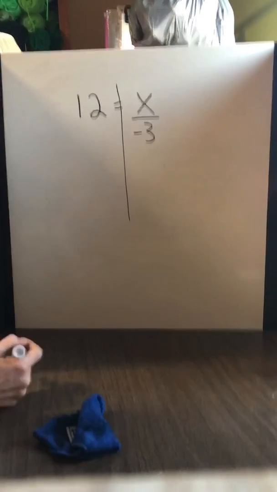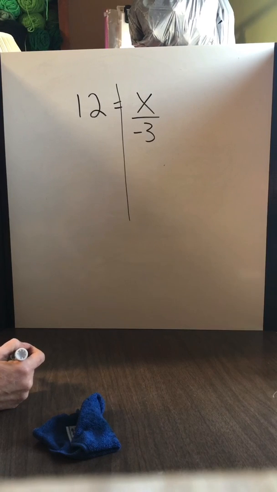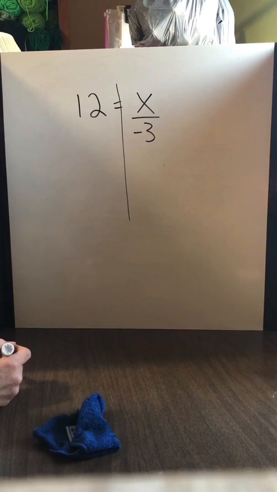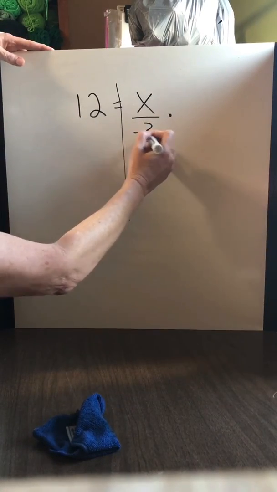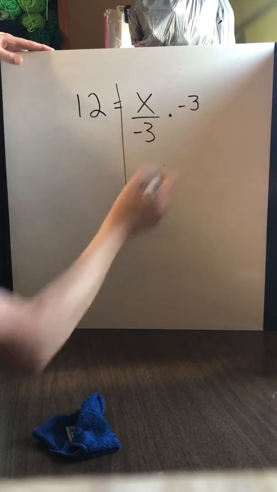Right now we have x divided by negative 3 on one side of the equation. We want to get rid of that negative 3, so we want to do the inverse operation, or the opposite. And the inverse or opposite of division would be multiplication. So I'm going to multiply both sides by, and I want to get rid of the negative too, so I want to multiply it by negative 3.